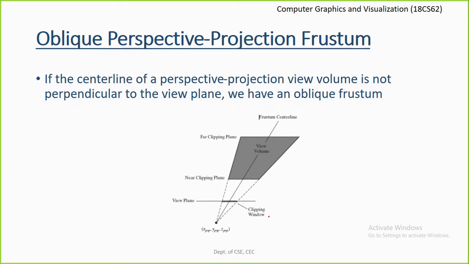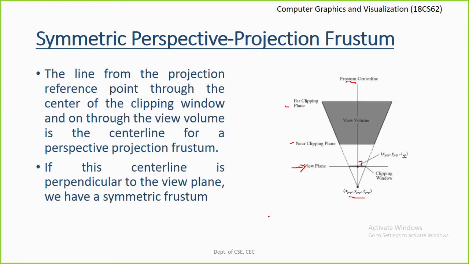Now, if the center line passing through the projective view volume is not perpendicular to the view plane, we have an oblique frustum. We have something called the symmetric frustum, which we discussed just now. Here, the center line from the projection reference point passes through the view plane and through the view volume. If it is perpendicular to the view plane, we call it the frustum center line, right?